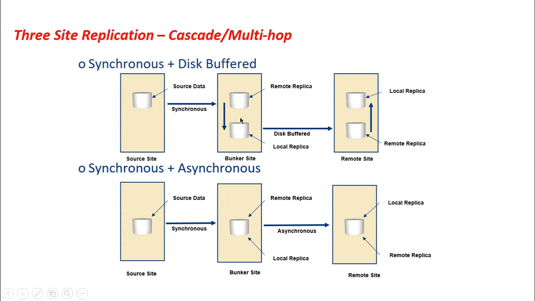A consistent point-in-time copy, or local replica, is created at the bunker site. Data is transmitted from the local replica at the bunker to the remote replica at the remote site. Optionally, a local replica can be created at the local site, as shown in this diagram, after data is received from the bunker.